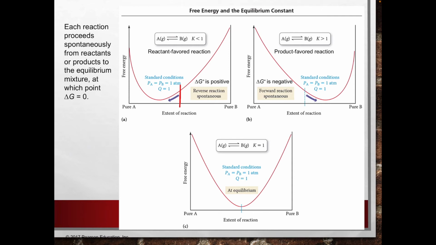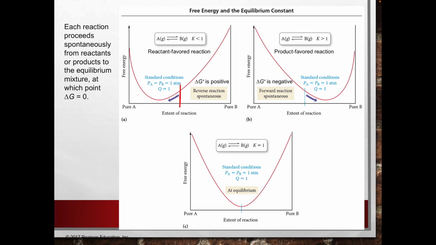And if we plugged in 1 for Q, we would get a positive value for delta G, which means our reaction would proceed in the reverse direction spontaneously. If we looked at the top right and we have a product favored reaction, meaning that K is greater than 1, a very large number, then we would get a negative value for delta G, which is telling us that we have a forward reaction that is spontaneous.